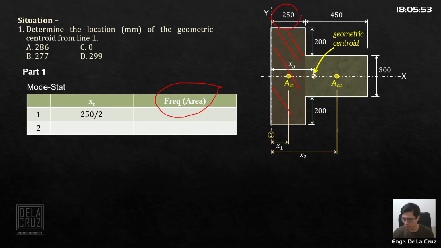The area of this section is 250 times this total dimension here. You have 300 plus two 200s. Again, that section is 250 times 300 plus two 200s. That total section here is the area.